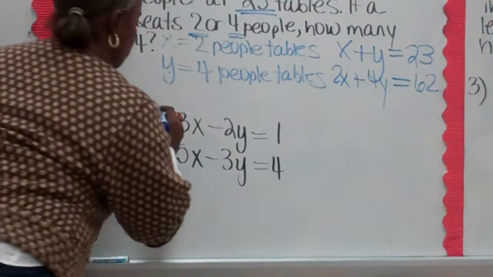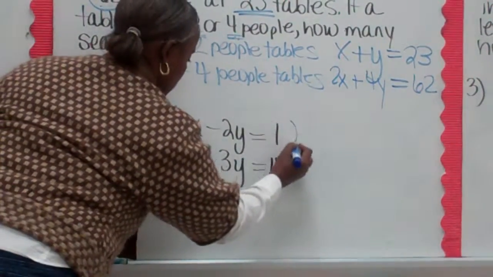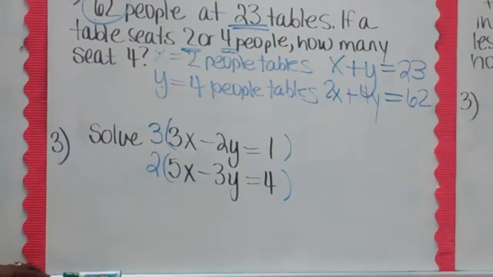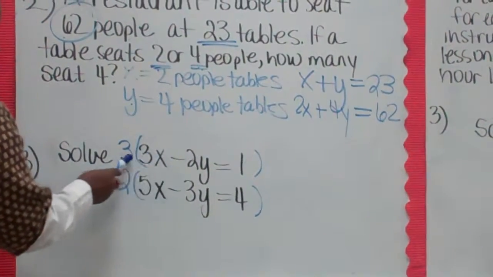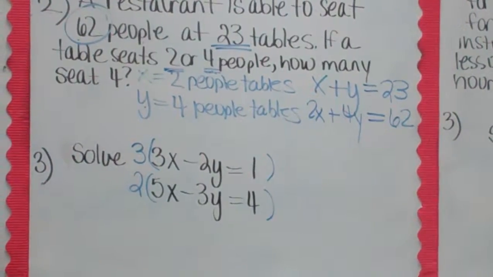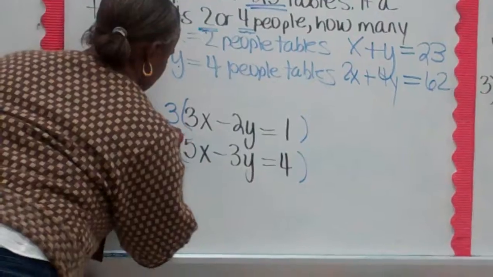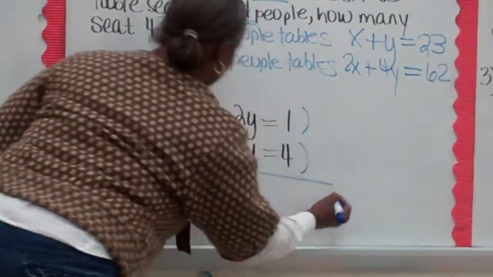I'm going to multiply the top by 3, the bottom by 2. Now, since both of these signs are the same, I'm going to subtract the 2 equations and draw my line.